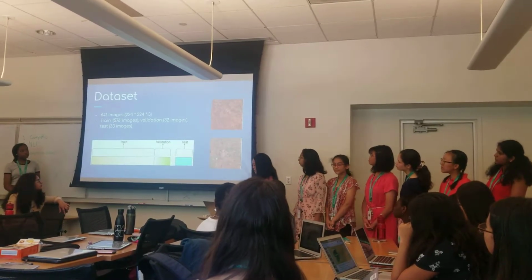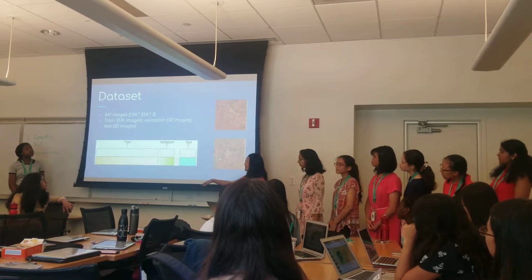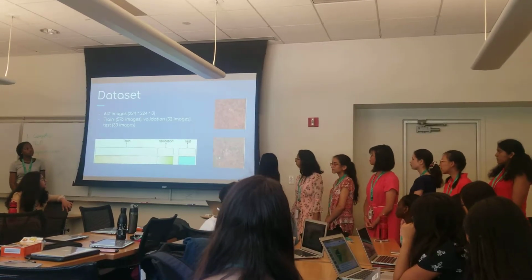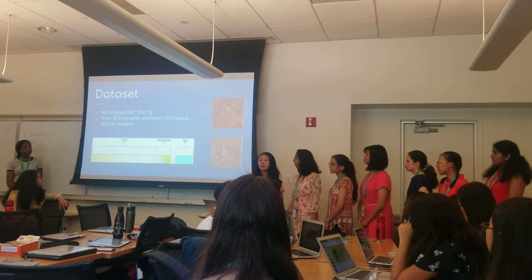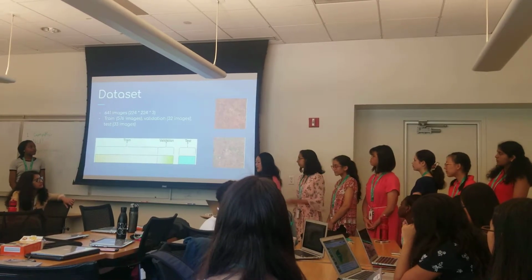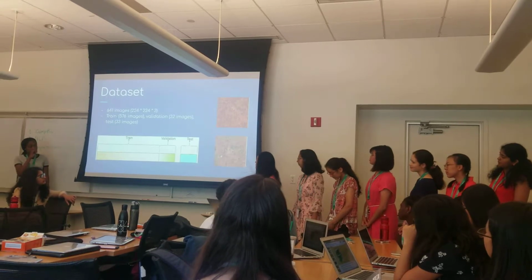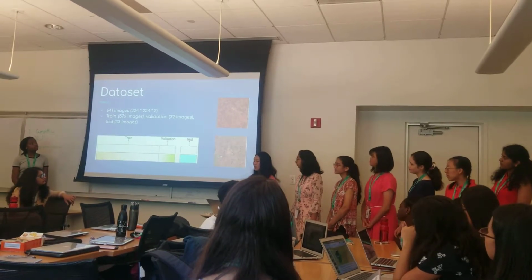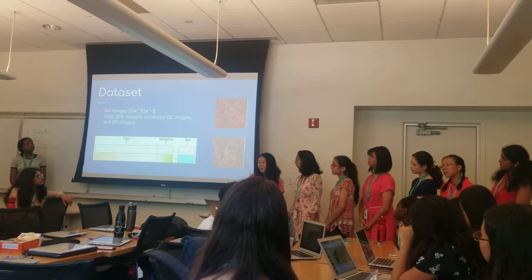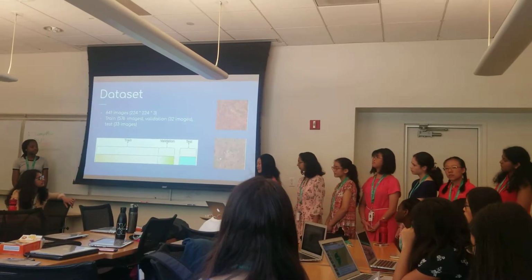So we use our training data to find similarities between our images, and then we use our validation set to tweak our hyperparameters in our model. And then lastly, we use our test set to test our model on data it's never seen before.